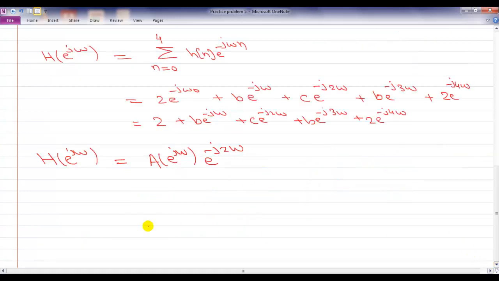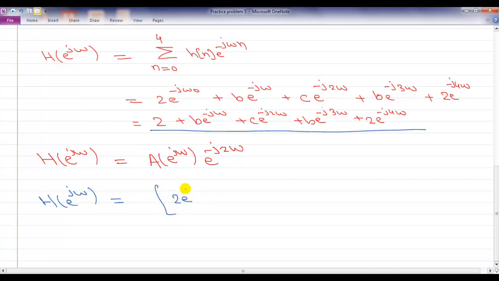So I just want to express this in this form, and to do that I'll just take the e to the minus j 2 omega common, so I'll get 2 times e to the j 2 omega plus b times e to the j omega plus c plus b times e to the minus j omega plus 2 times e to the minus j 2 omega, times e to the minus j 2 omega.